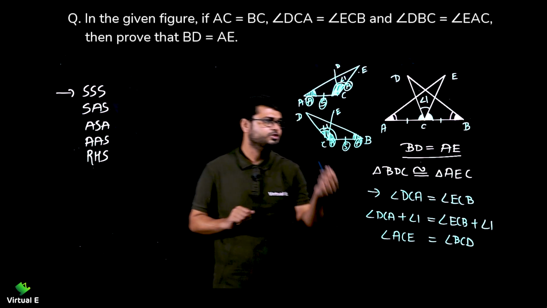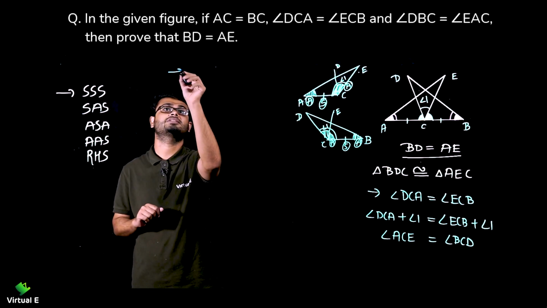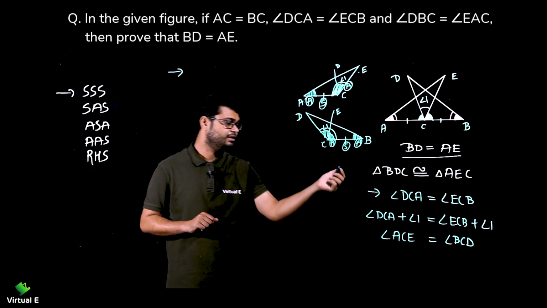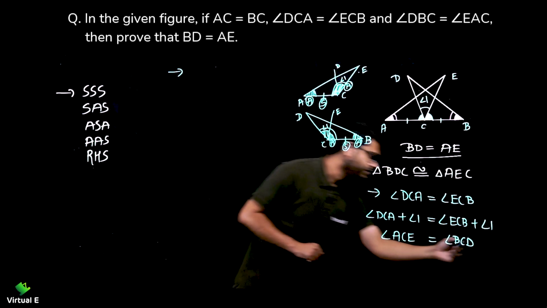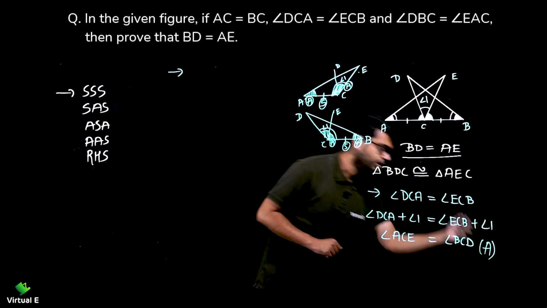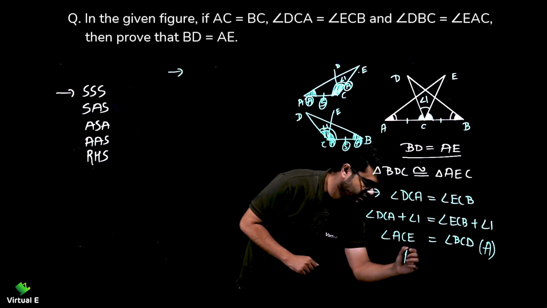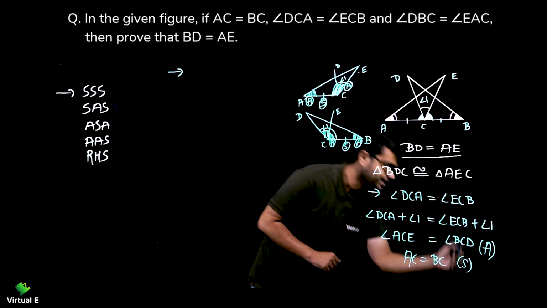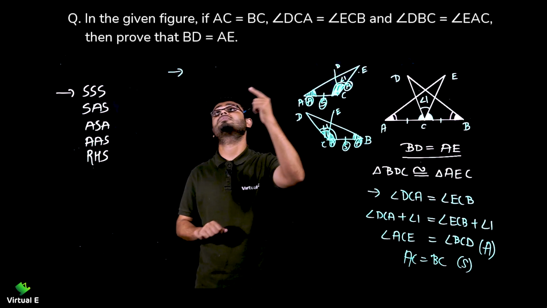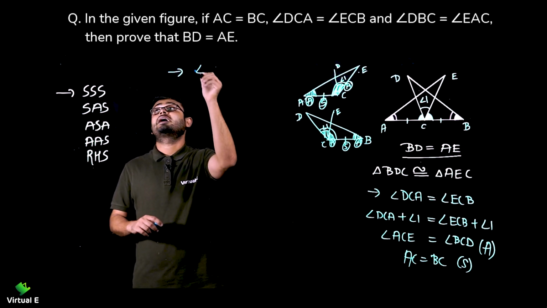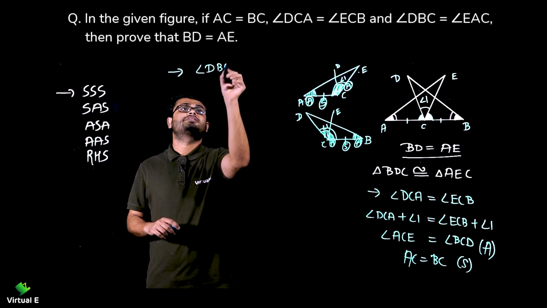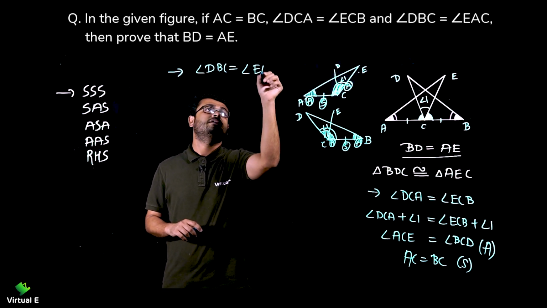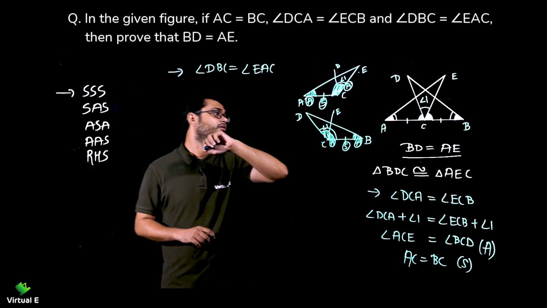So let's start. First of all, just mention which are the angles and which are the sides. We have the first angle that's being done, very good. Now we have this side, which is AC is equal to BC. So the side is also done, and we have already one angle equal. So let's write over here angle DBC is equal to angle EAC, right?